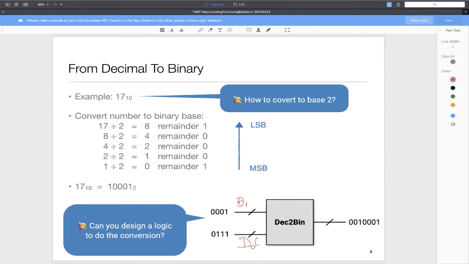So digit 0 is encoded in 4 bits, and digit 1 is also encoded in 4 bits. So I have a total of 8 bits of information, right? But how many numbers can I represent in these 8 bits using the coding I have? Two to the power of 8, right?